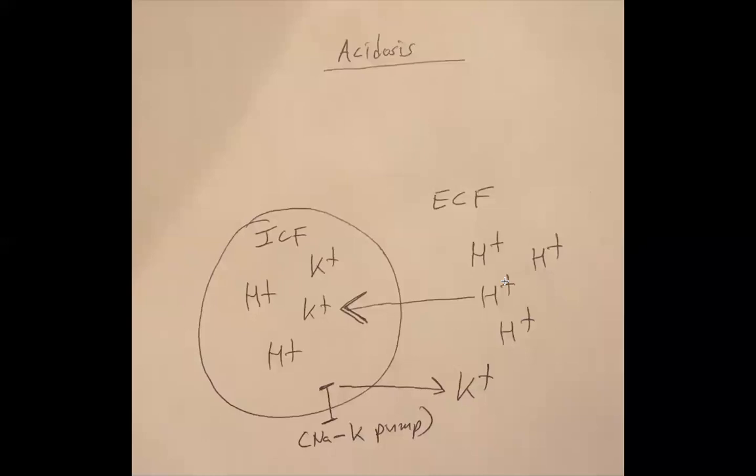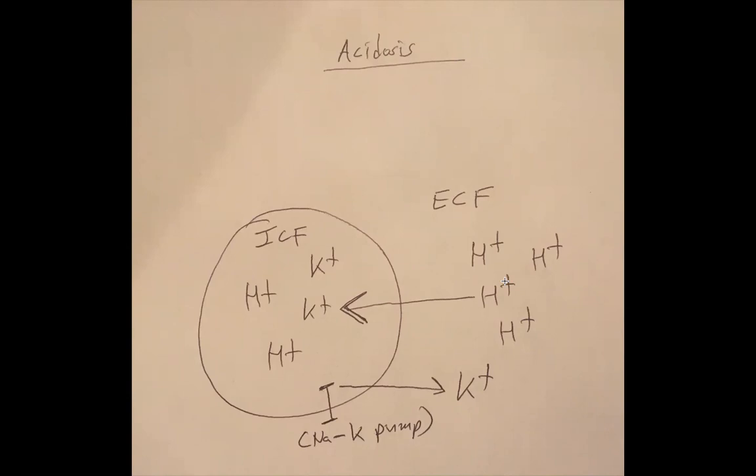Now, a principle of physics that we haven't talked about yet is how solutes flow. We've talked about how fluid flows and how fluid likes to flow to where there are more solutes. But now we need to talk about the properties of solutes. Solutes like to flow from areas of high concentration to low concentration.